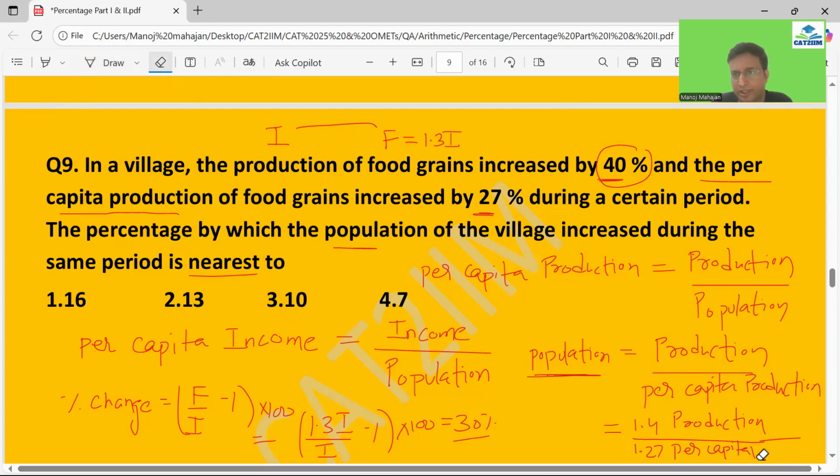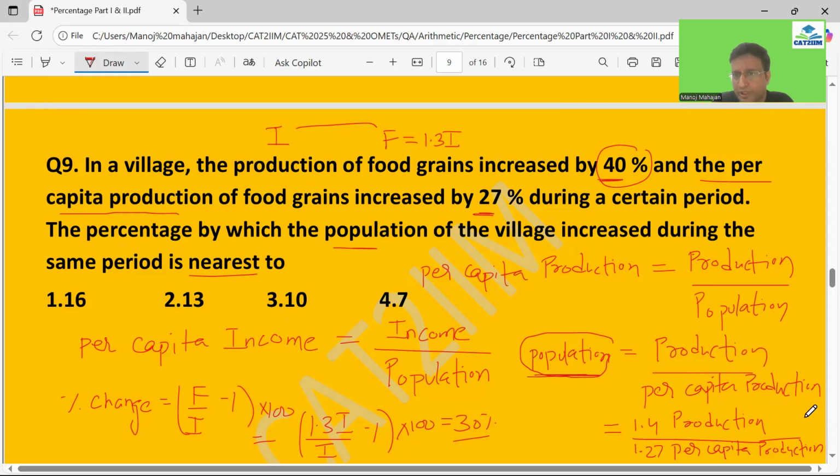Let's understand here in terms of the initial. So this was the initial which we talked about, right? And this is the new population which we are looking at.